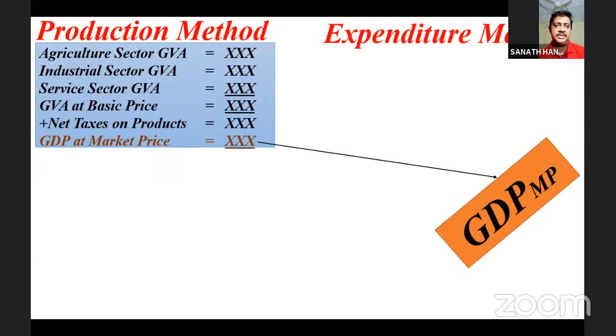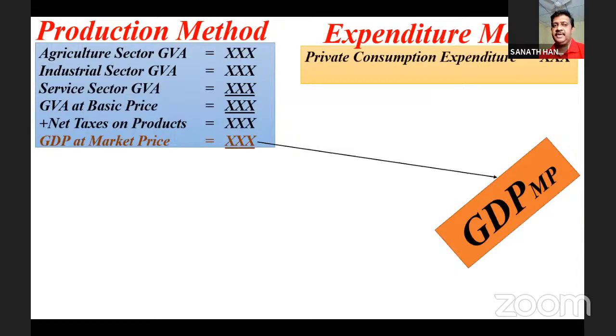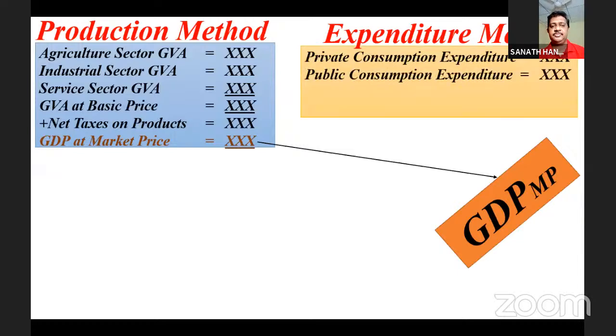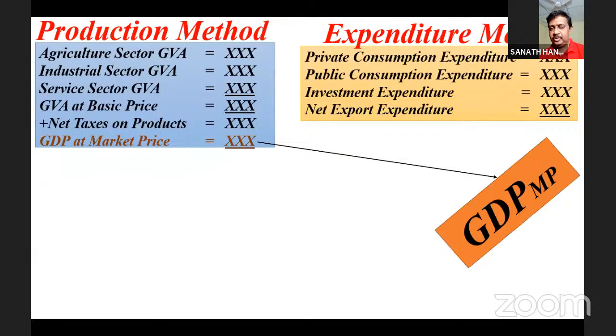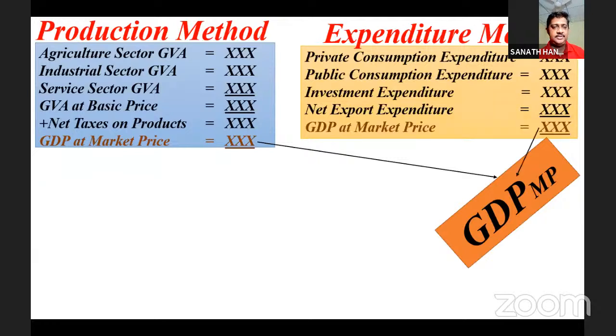Then the expenditure method. What do we do? Private consumption expenditure, public consumption expenditure added, investment expenditure added, net export expenditure added, equals GDP on the expenditure method.